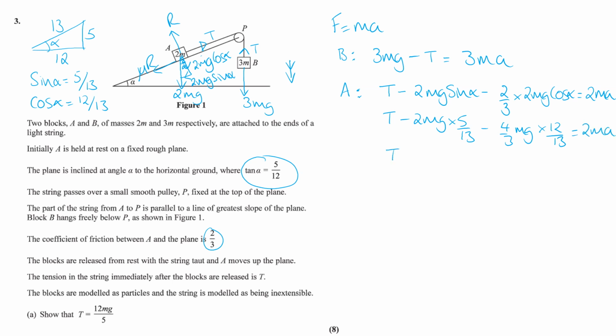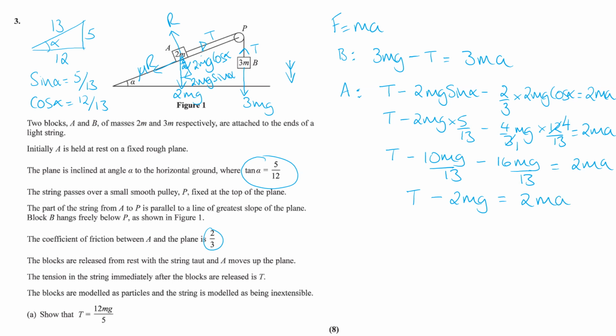Tidying up even further, T minus 10mg over 13 minus, now that 3 can cancel with that 12, and we'll get minus 16mg over 13 is equal to 2ma. Now we've got 10/13 mg minus 16/13 mg, so that's T minus 26 over 13 mg. 26 over 13 is 2, so it's T minus 2mg is equal to 2ma.